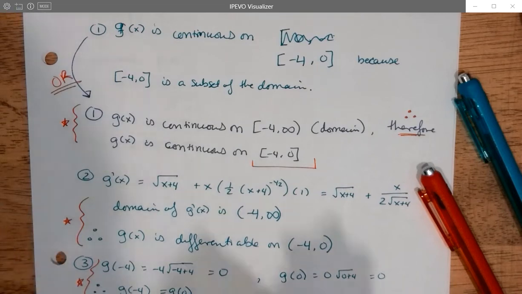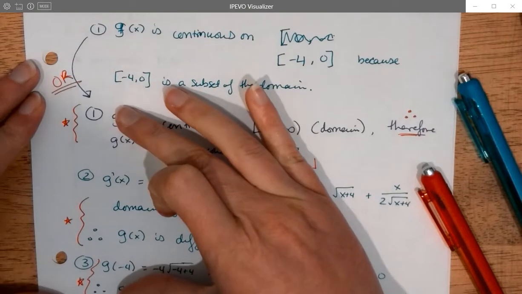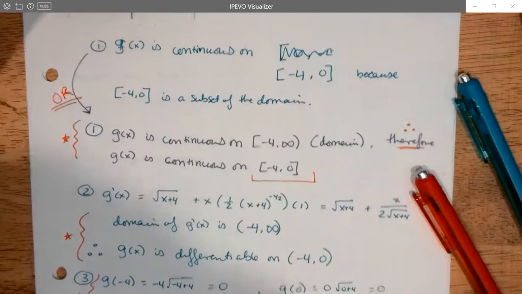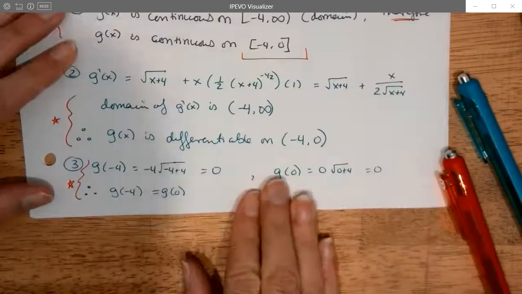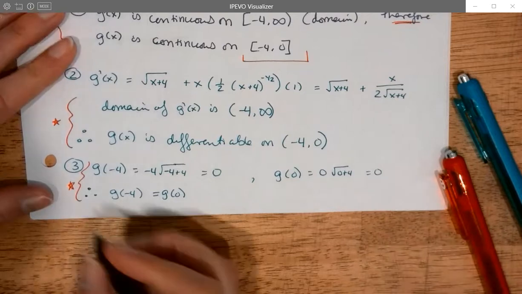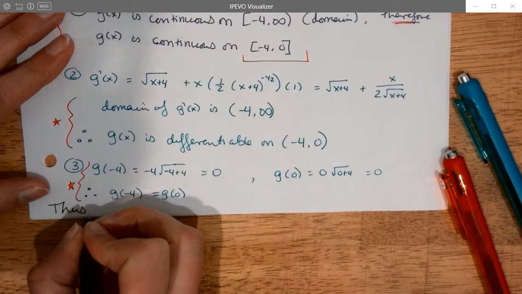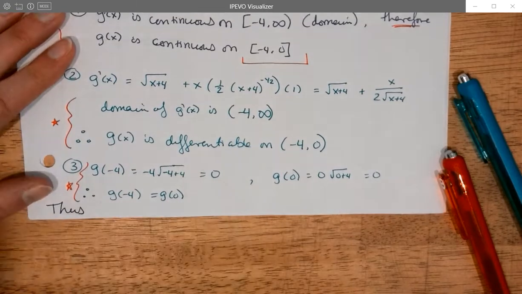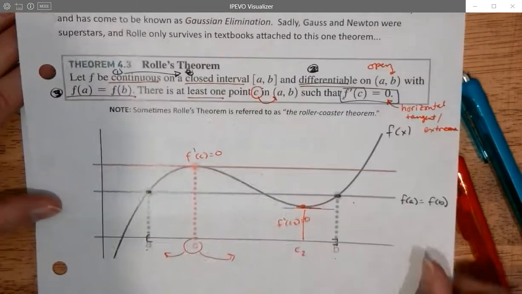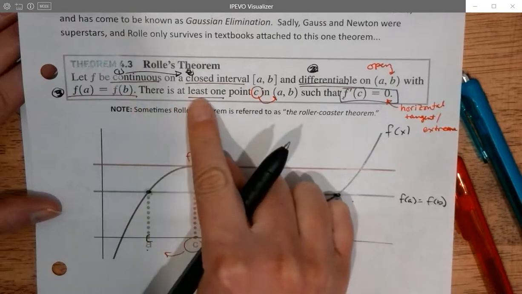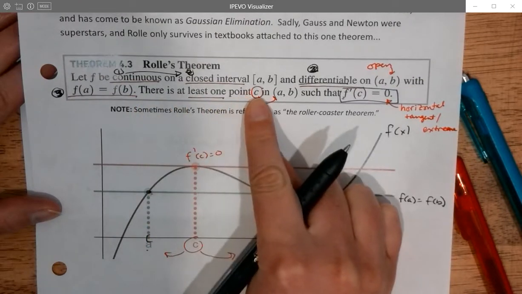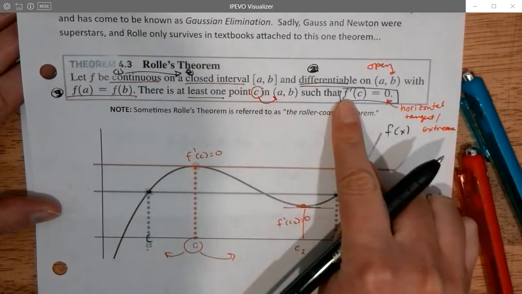The last thing we need to do is write a conclusion. So these are the 3 things that I need to show in order to get a conclusion. So my conclusion is going to be thus. Again, remembering what has to happen here. Thus, there is at least one point c in the interval a to b such that f prime of c is equal to 0. I need to make a statement to that effect.